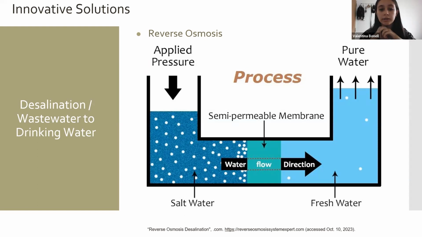Reverse osmosis removes salts, sediment, arsenic, microplastics, heavy metals, and many other contaminants.